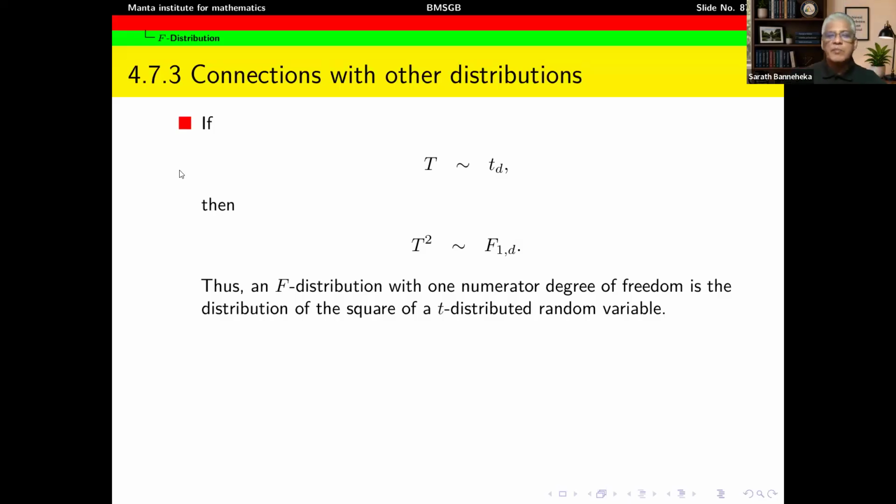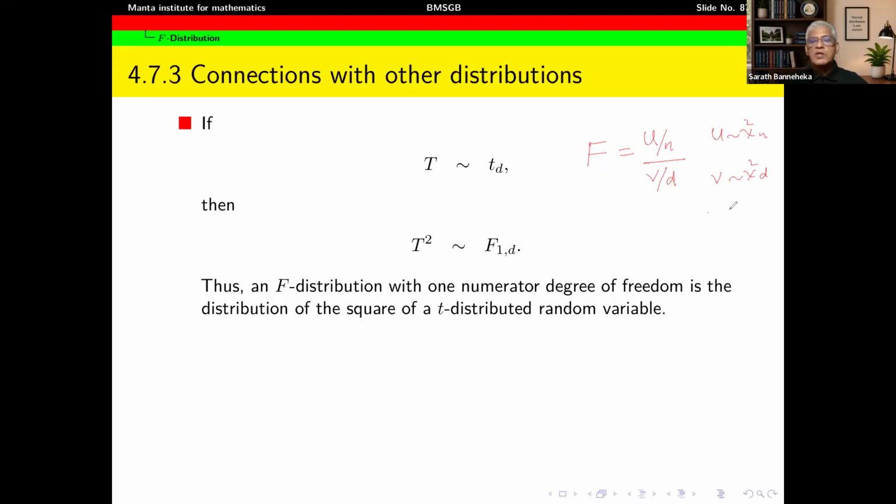This is not that difficult. Remember, an F distribution arises as the ratio of two independent chi-square random variables. Suppose U has a chi-square distribution with n degrees of freedom, and V has a chi-square distribution with D degrees of freedom.